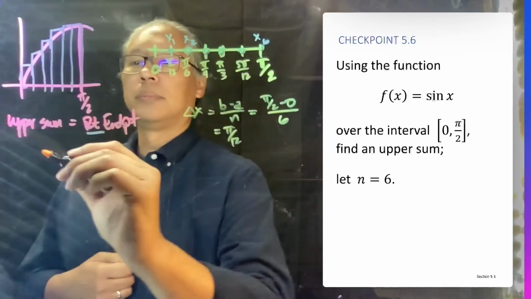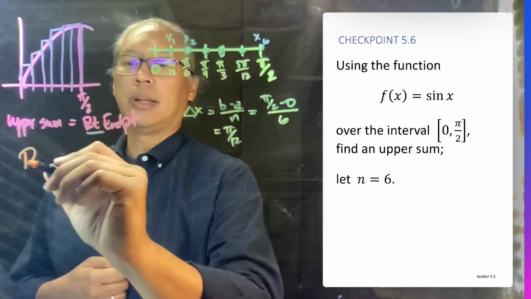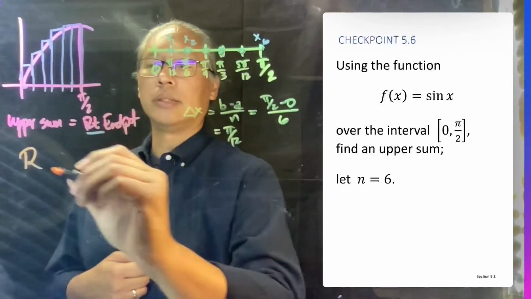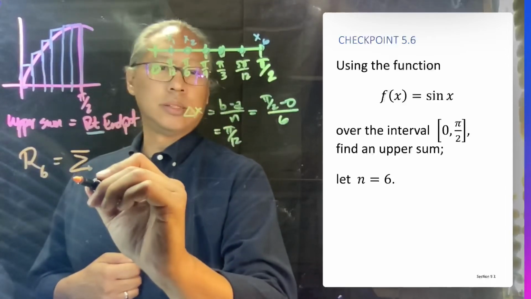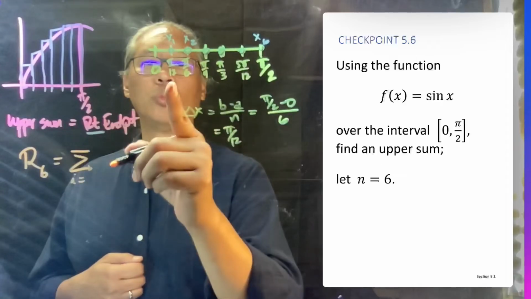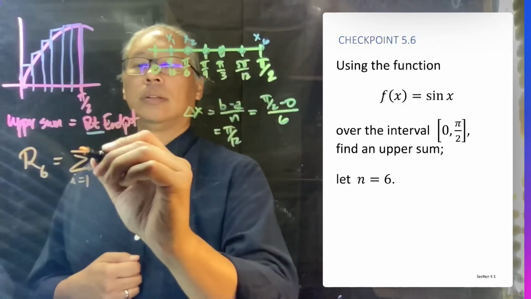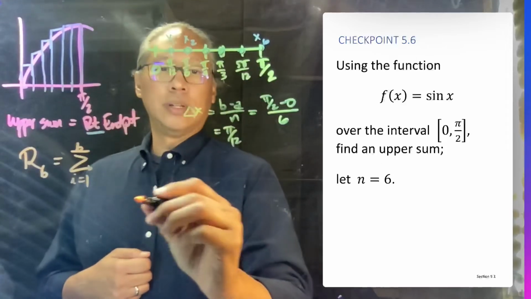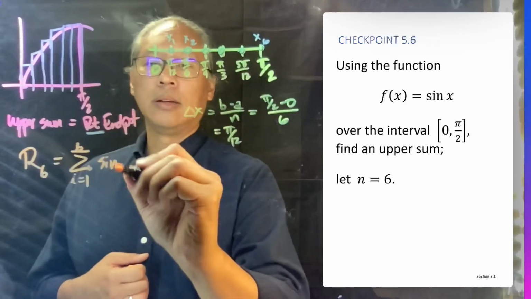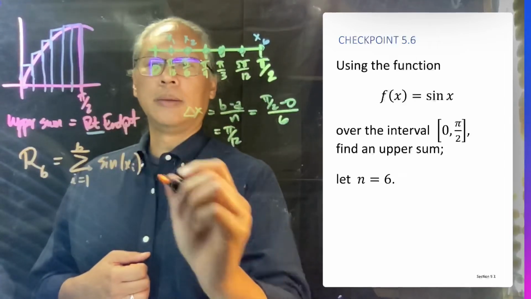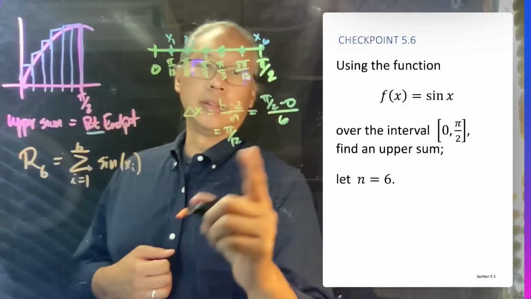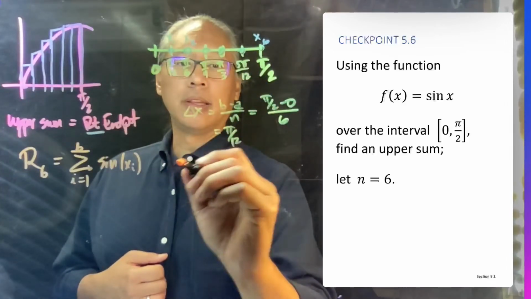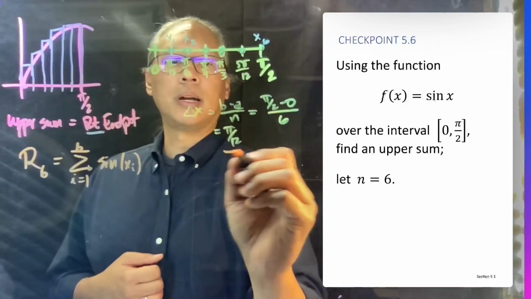Let's write out our sum. So this is going to be a right endpoint approximation with n equal to 6, and this will be the sum as i goes from 1 to 6 of sine x sub i. So we're going to put these values in, and then we're going to multiply this by delta x, which is pi over 12.